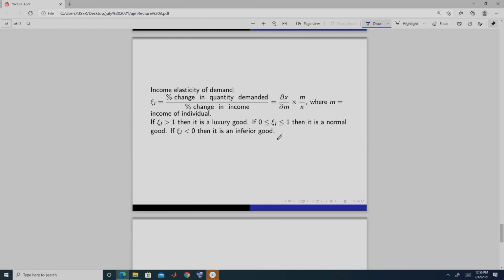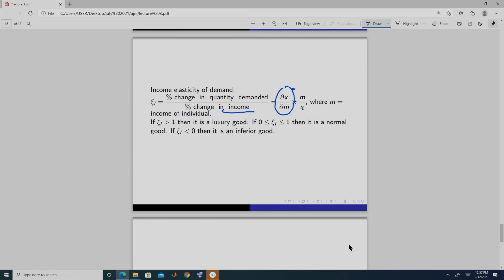Income elasticity is given by this formula: percentage change in quantity demanded divided by percentage change in income. Given your demand curve, we know it is always going to be a function of income. So if you change the income, how the demand is going to respond, and then we convert it into percentage change. So it is the change in quantity demanded by the change in income, and then income divided by quantity demanded.